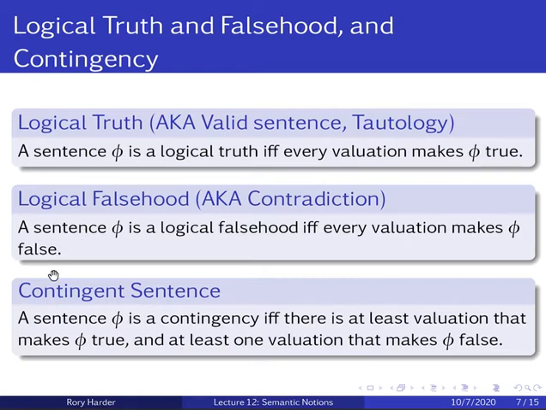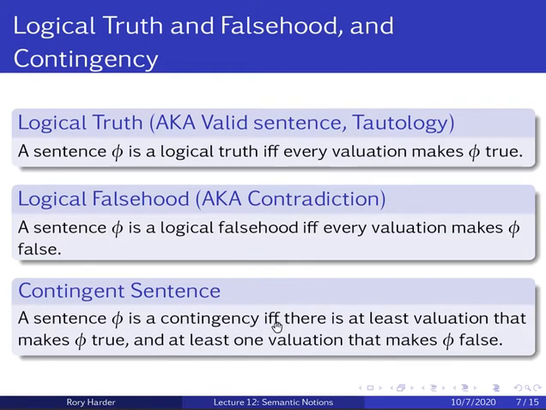Now finally, a sentence phi is a contingency or a contingent statement just in case there is at least one valuation that makes it true and at least one valuation that makes it false. That is to say that a sentence phi is a contingency just in case it's neither a contradiction nor a tautology.